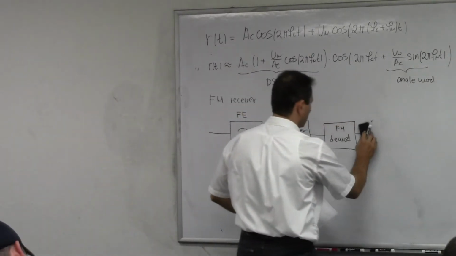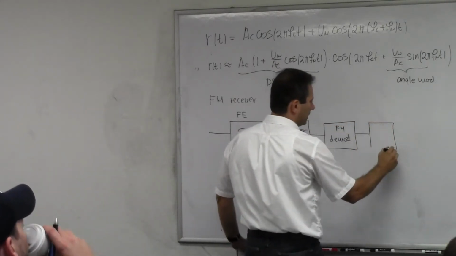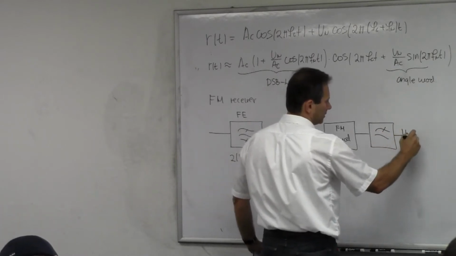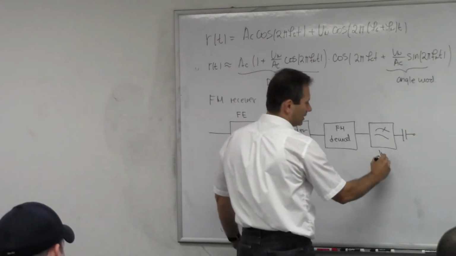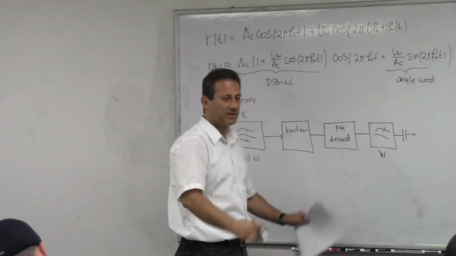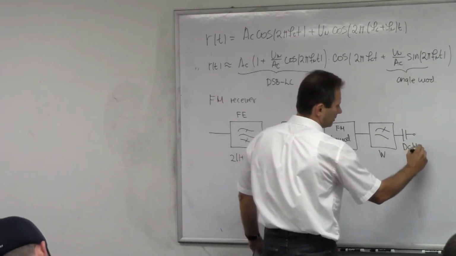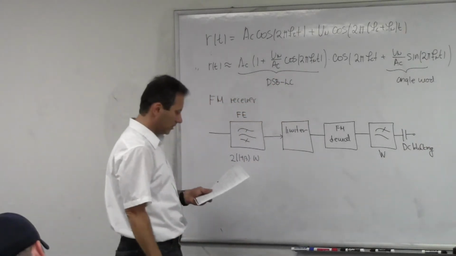Actually, sorry, I forgot one. There's going to be, at the end, a low pass filter. What's going to be the bandwidth of this one? 2W or just W. This is at the baseband. Just let my signal go through. And this is a DC blocking circuit that will block the DC component.